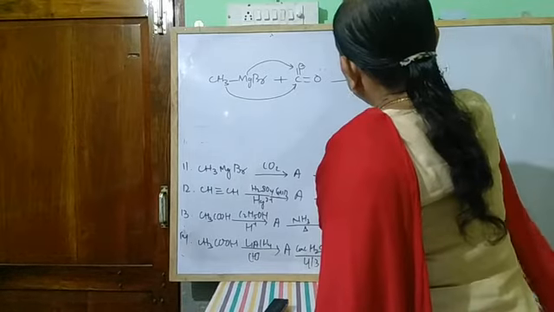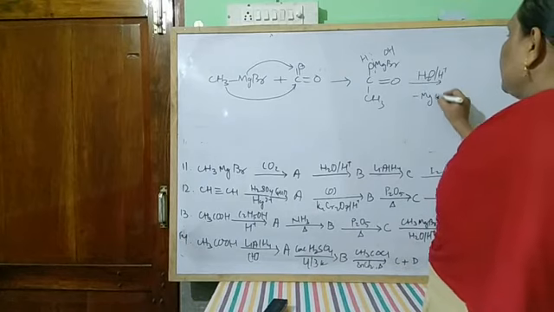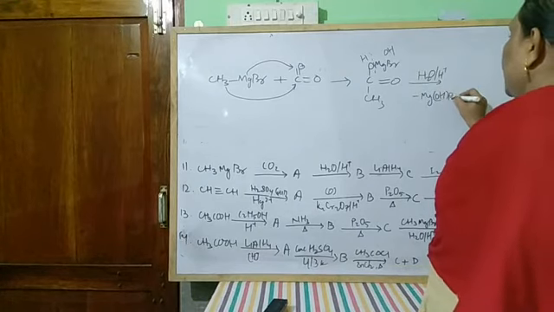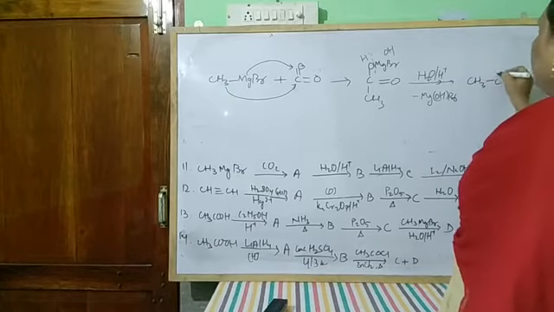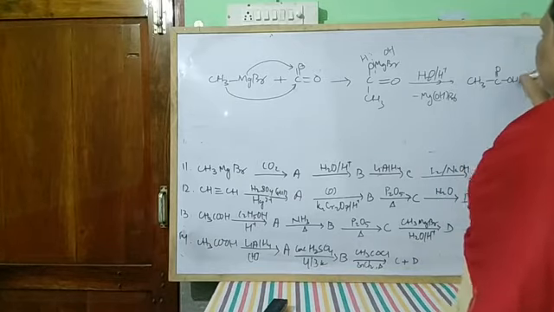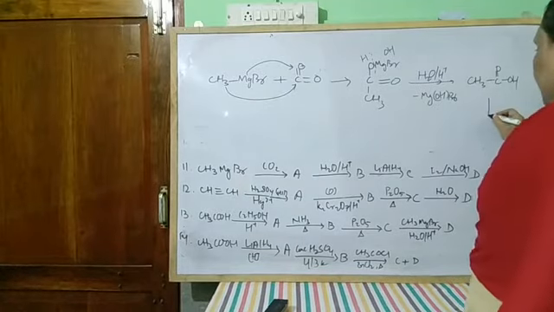Here OH minus, magnesium hydroxybromide, gives rise to acetic acid.